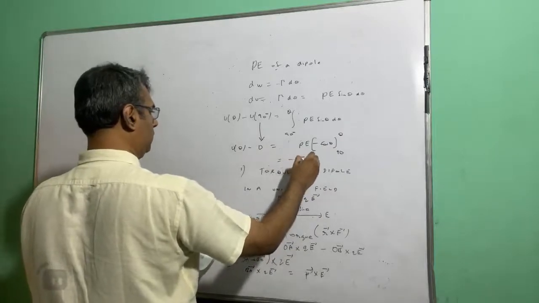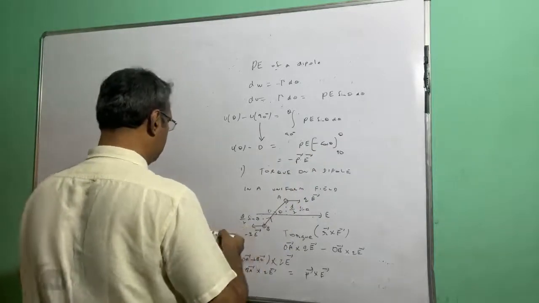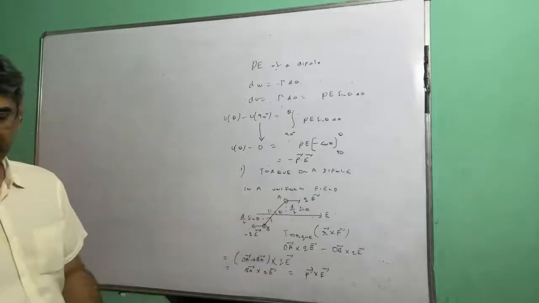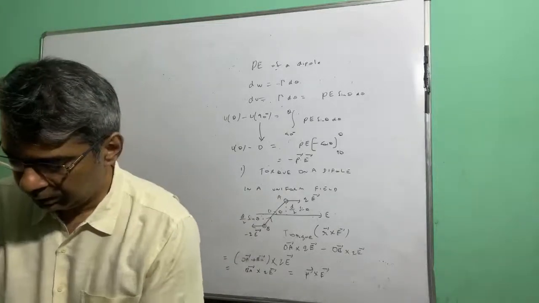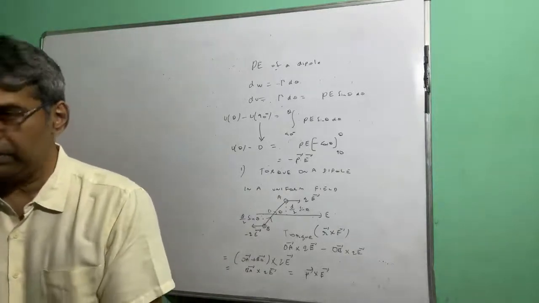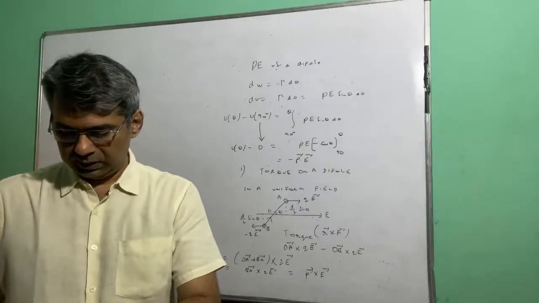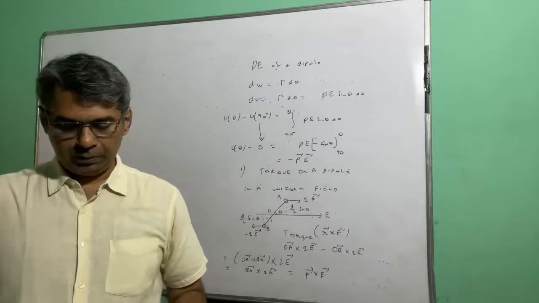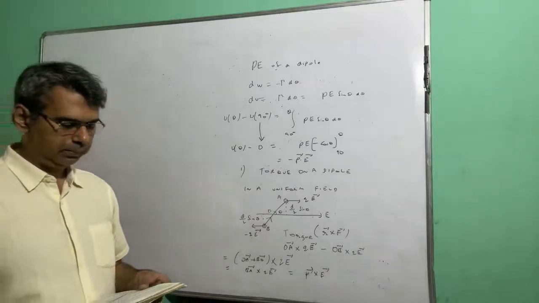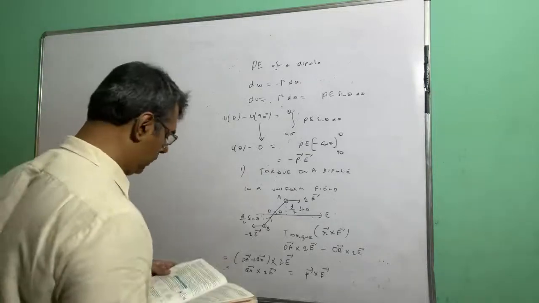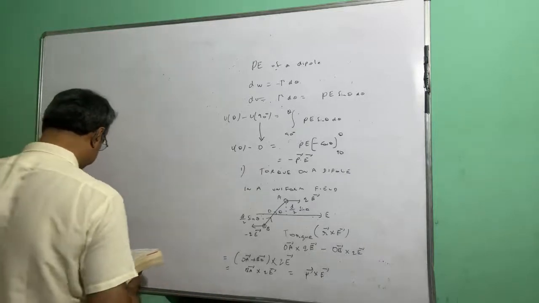So finally, we get the formula that potential energy is minus PE cos theta, which is minus P dot E. These are the two formulas in today's class: torque on a dipole and potential energy of a dipole.